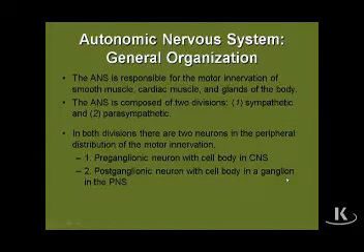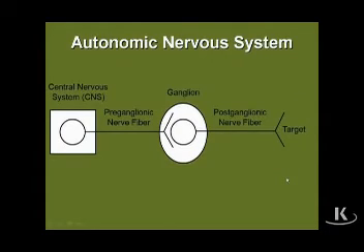A common feature of both sympathetic and parasympathetic pathways is that in the peripheral nervous system, they utilize two neurons to reach their target tissue. The diagram that illustrates that is shown on the next picture, whereby in all autonomic pathways, all preganglionic autonomic neurons will have their cell bodies somewhere inside the CNS.